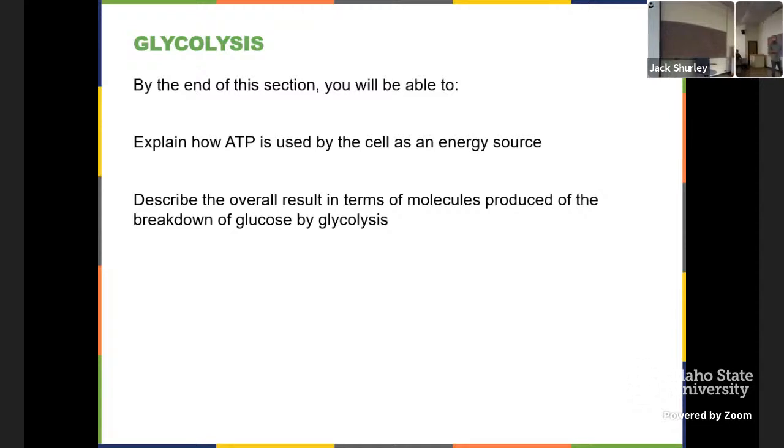Glyco is sugar and lysis is to split, so the splitting of sugar. And this glycolysis, we'll see here in just a second, it doesn't matter what you are. If you're aerobic or anaerobic, every single thing that's alive on this planet goes through glycolysis, all right? What you do after that is going to depend, but everything can do glycolysis, all right?